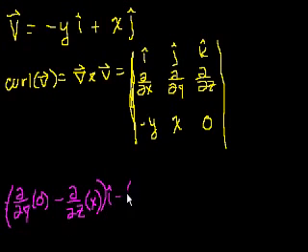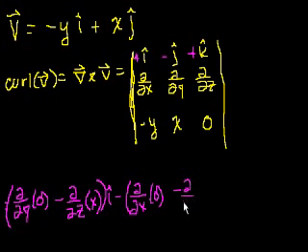Minus, and that is going to be the j component. Remember, you do plus, minus, plus. So minus, and this is the j component. Cross out its row and column. The partial derivative of 0 with respect to x, actually, minus the partial derivative with respect to z of minus y.